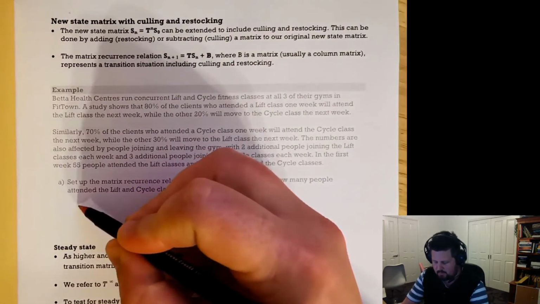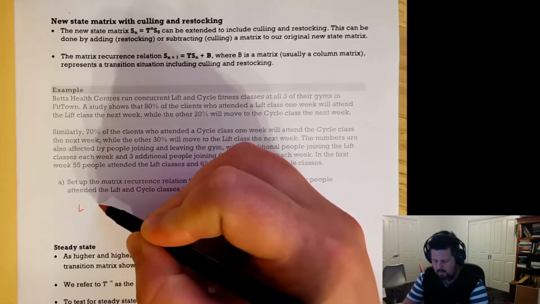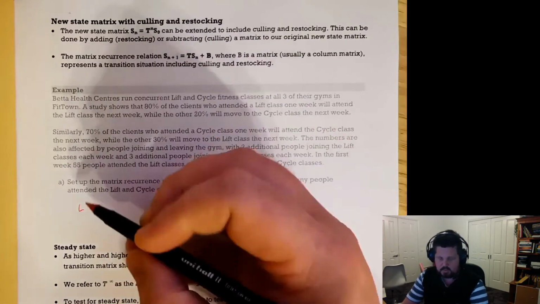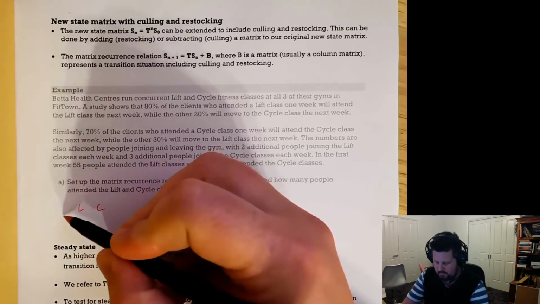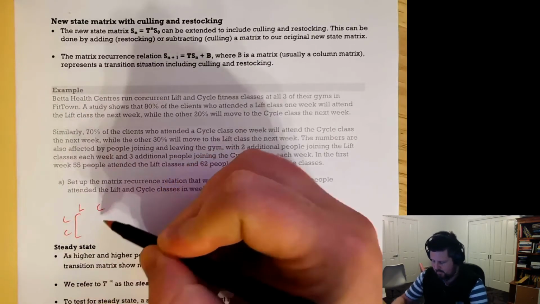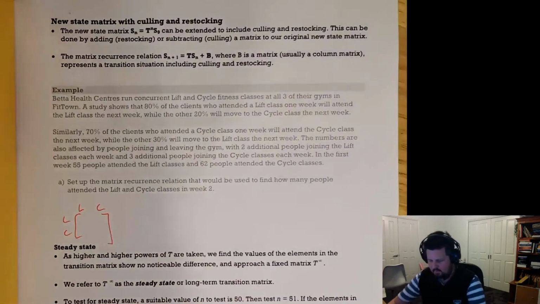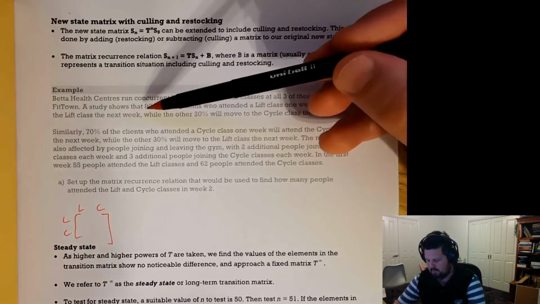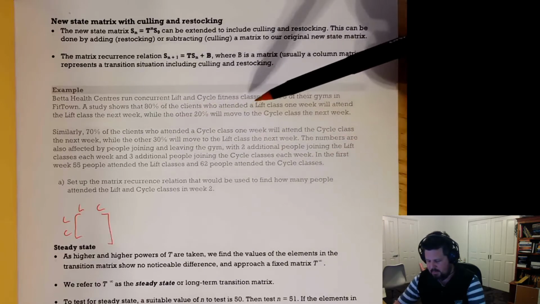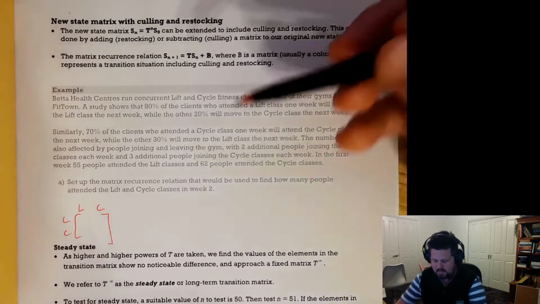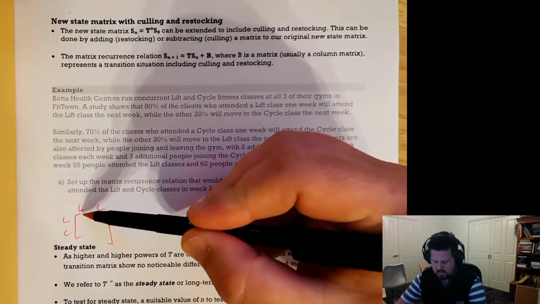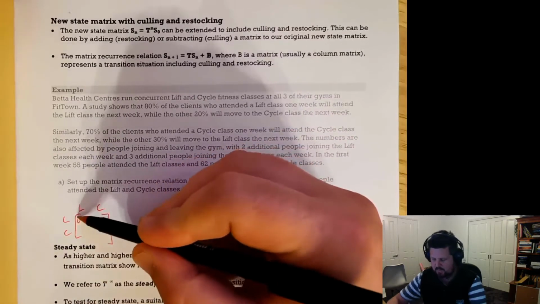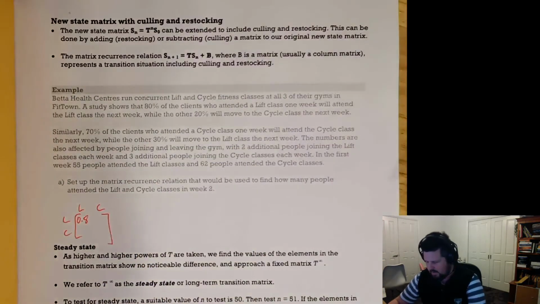creating the transition matrix between lift and cycle classes. So again, really carefully working through this information. 80% of the clients who attended lift classes one week attend the lift classes next week. So if they attended lift classes, they're going to attend lift classes next week. That's where the 0.8 or 80% comes from.